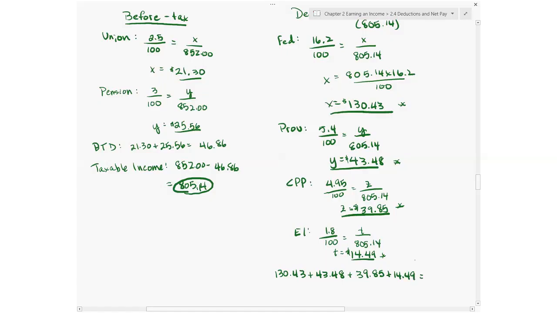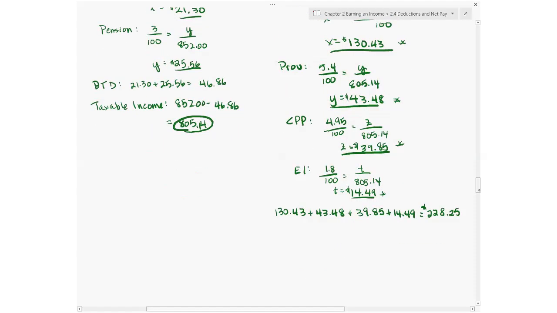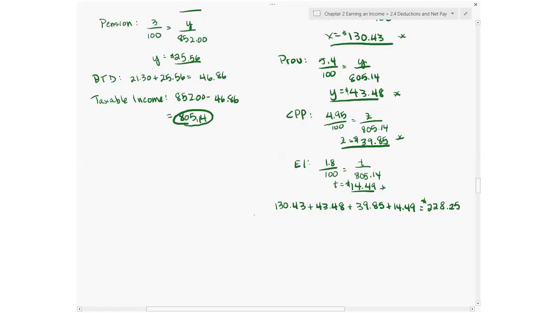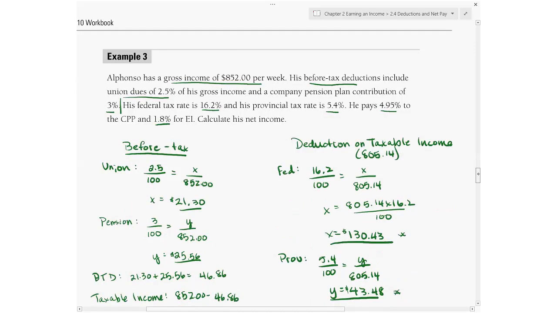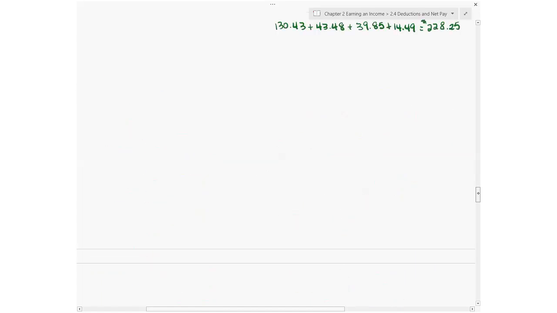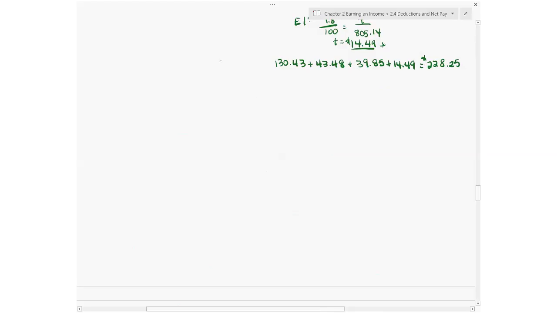That equals, let's put it into our calculators, and he's paying $228.25 on deductions, and that's on his taxable income. Okay, so these are his taxes, other deductions on taxable income. I'm just going to call it deductions at this point.